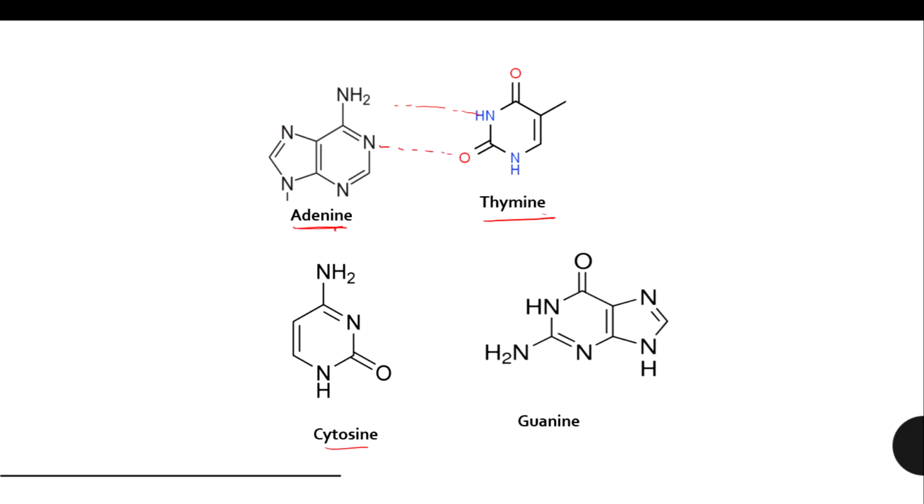Always remember the sequence here: A binds with T with 2 bonds, and C and G bind with 3 bonds. So C triple bond G, A double bond T.